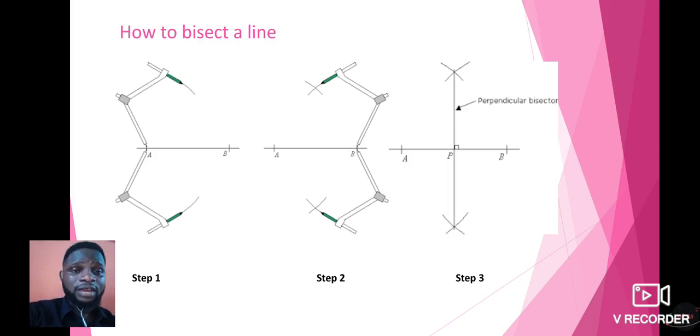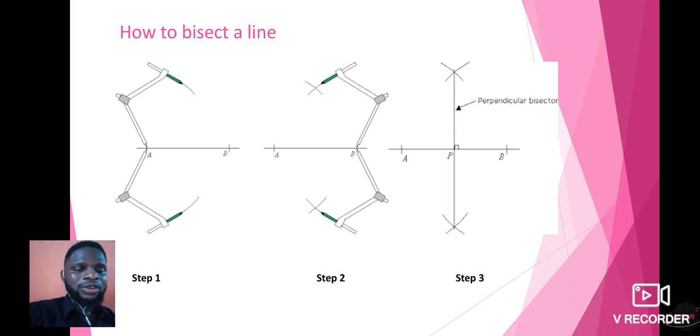As you can see from the diagram, you center at point A and make an arc above and below the line AB. So step 2, in the same way, center at point B, make an arc above and below AB. As you can see, those two arcs, they will intersect at two different points.